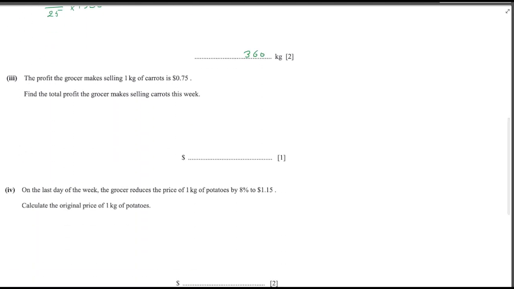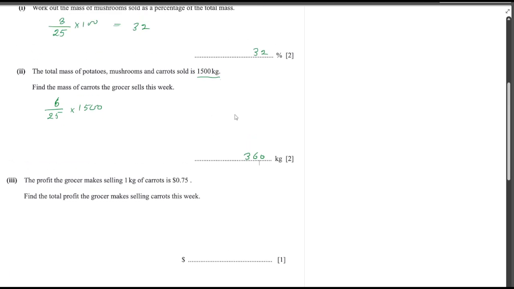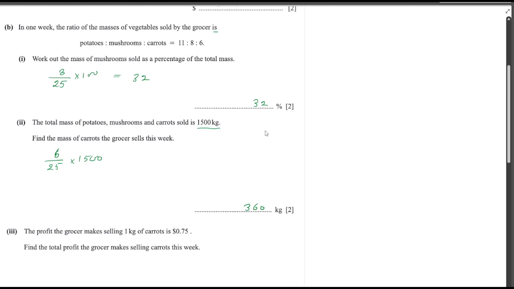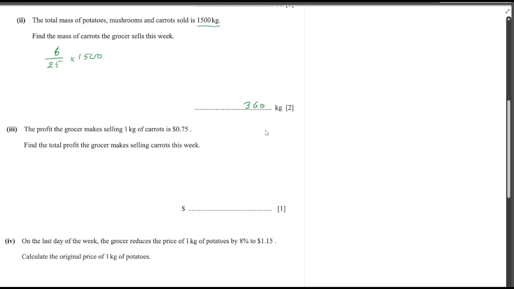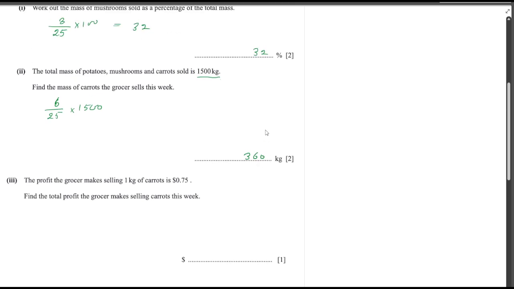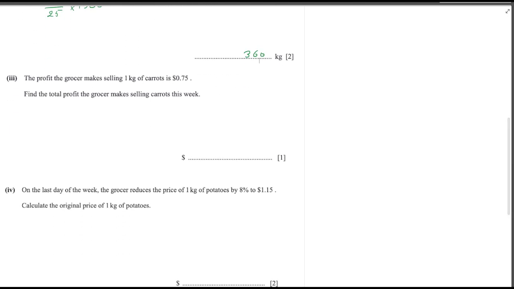Now the profit the grocer makes selling 1 kg of carrot is 0.75. Find the total profit the grocer makes by selling the carrot this week. So he sold 360 kg of carrot, and for 1 kg the profit is 0.75. So for 360 the profit is 360 times 0.75. Answer is 270. So 270 is your answer.